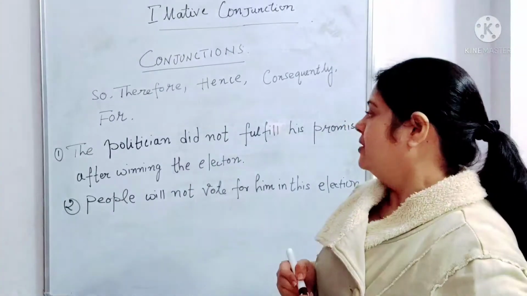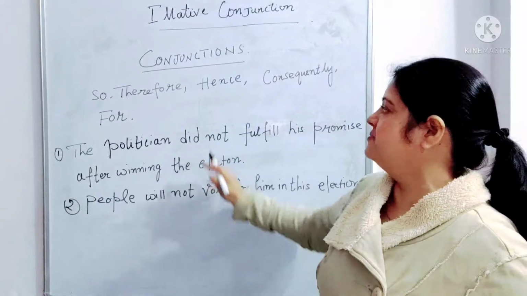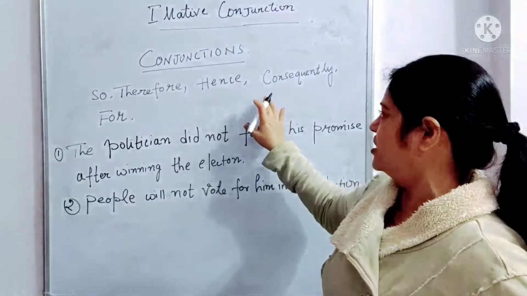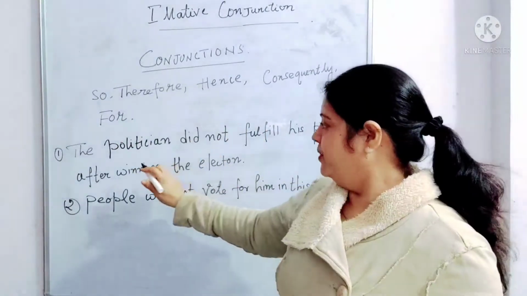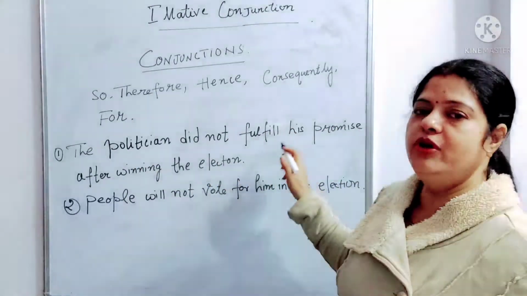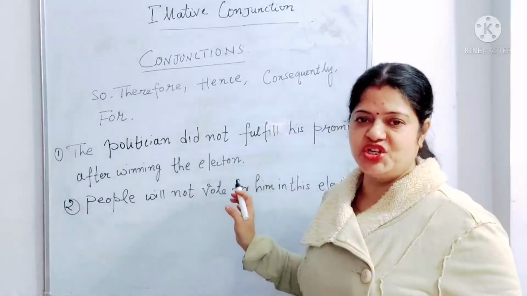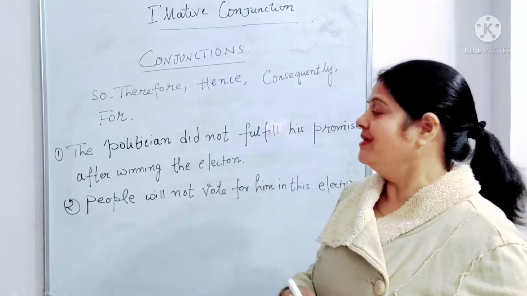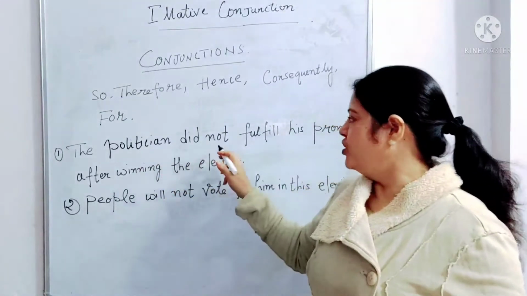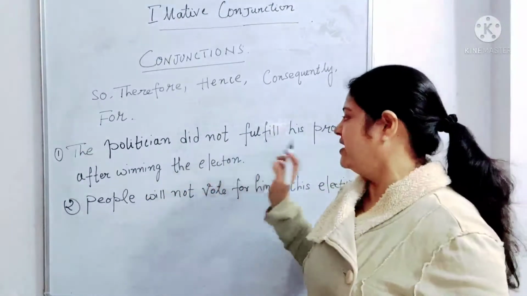Let's find out, and then we will add these 2 simple sentences by using these conjunctions, but not this one. Okay, so the politician did not fulfill his promise after winning the election. First sentence is, I'm repeating again, the politician did not fulfill his promise after winning the election.